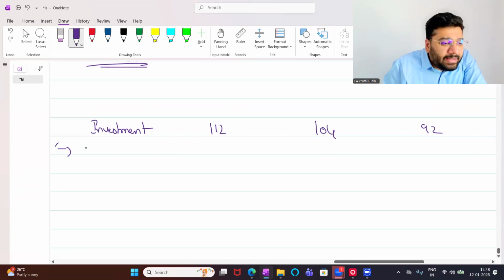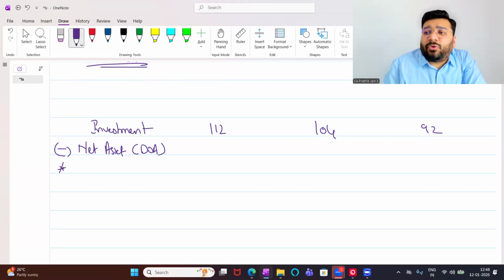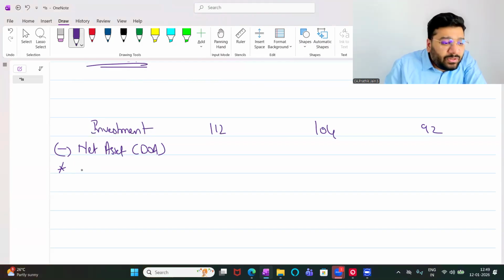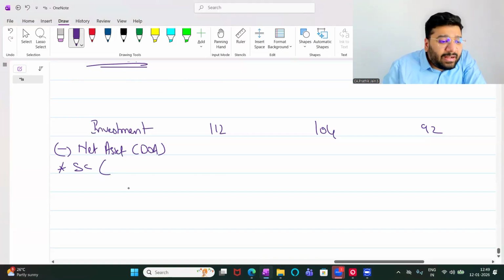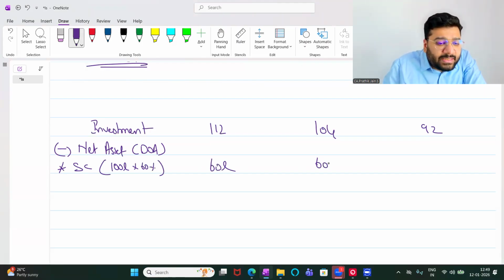So from this, we have to minus net asset on which date? On the date of acquisition. Net asset comprises two items, liability side approach: share capital and reserve and surplus. Share capital is how much? Total share capital of the subsidiary company is 100 lakh. 100 lakhs into 60% is 60 lakh.